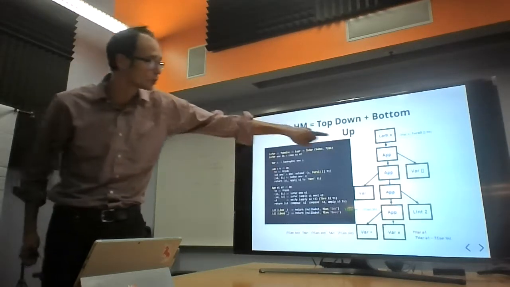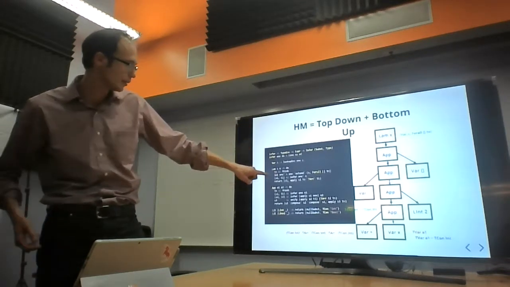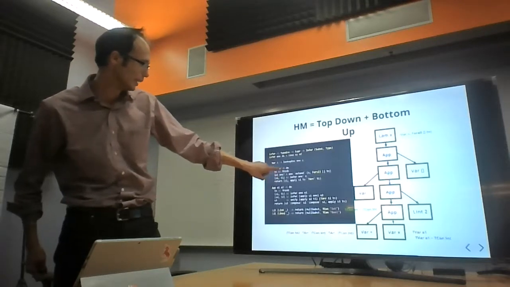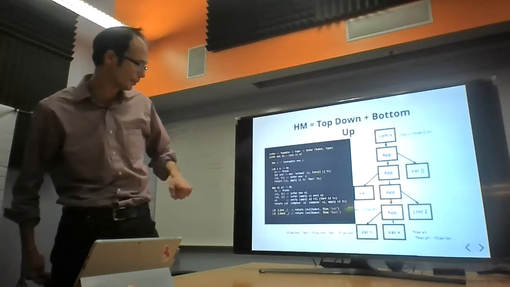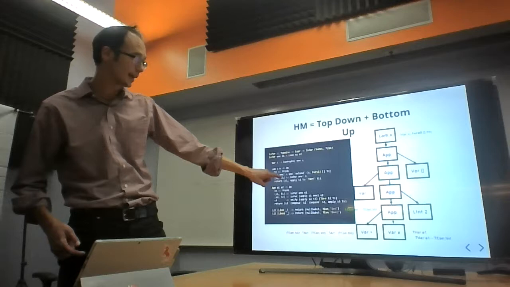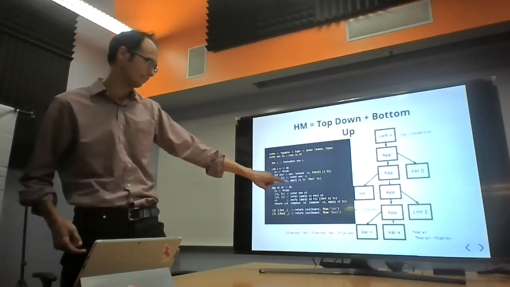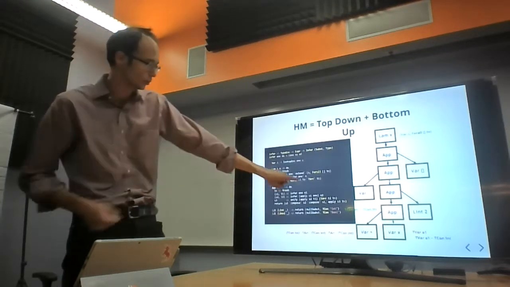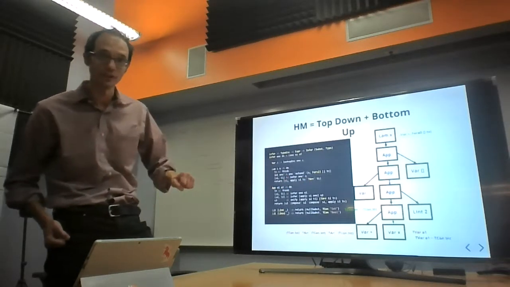You introduce a new type variable for this x that updates your environment, as I said, and then you say, okay, I'm going to infer whatever is in this expression, so just call recursively on the e that's inside my lambda, where I pass this environment, get back my substitution and my type. And then what's the type that I pass back up? Well, I just pass the same substitution, and then I apply that substitution to my new type variable, which spits out t1, which is the type of the expression that I sent.